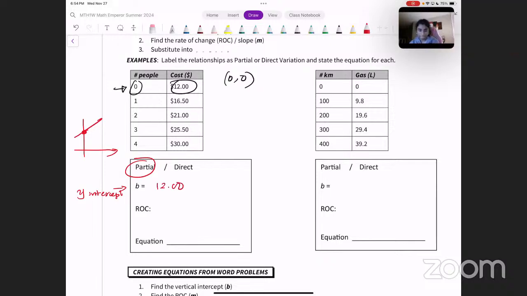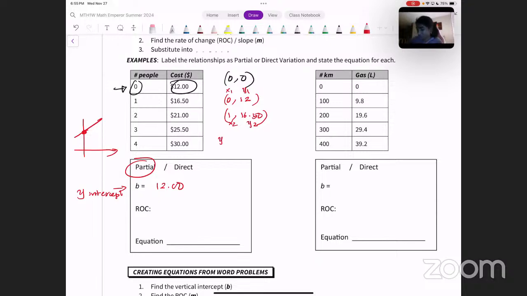Now rate of change. It's y2 minus y1 over x2 minus x1, isn't it? I'm going to show you. So I'm going to write the coordinates 0, 12, and then 1, 1650. So x1, y1, x2, y2.